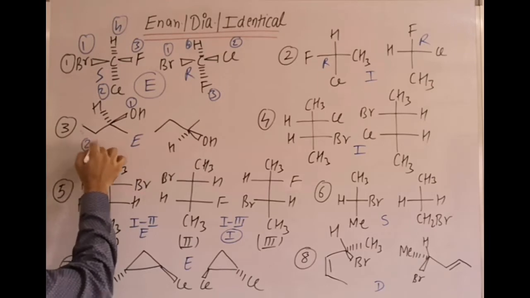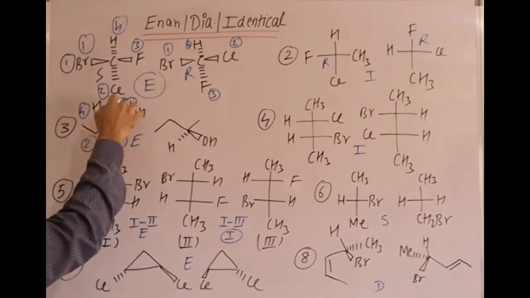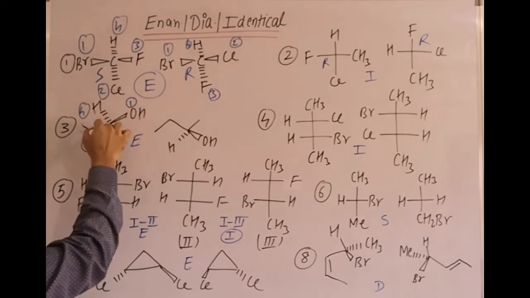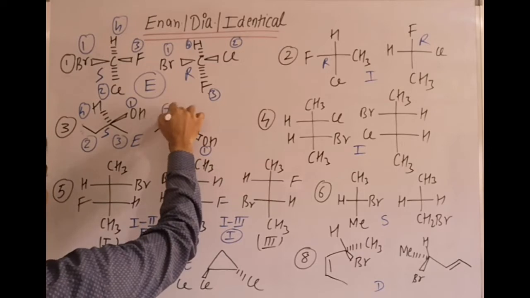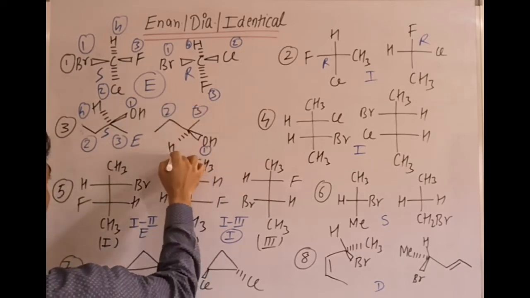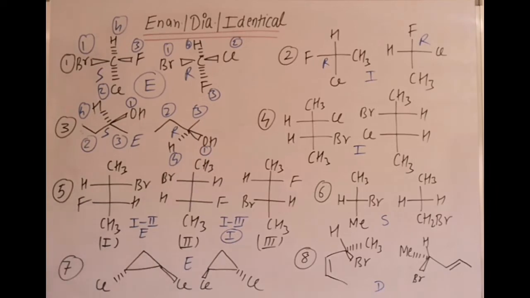Then ethyl 2, 3 for methyl, 4th for H, 1, 2, 3, it is S configuration. Here 1, 3, 4, 1, 2, 3 R configuration, same molecular formula, same structure.